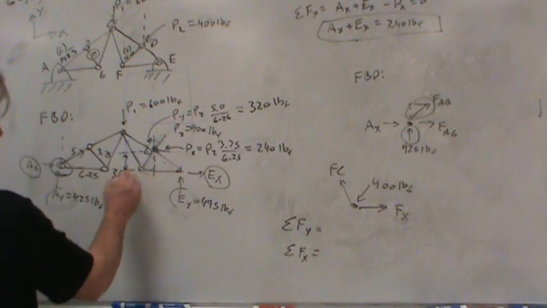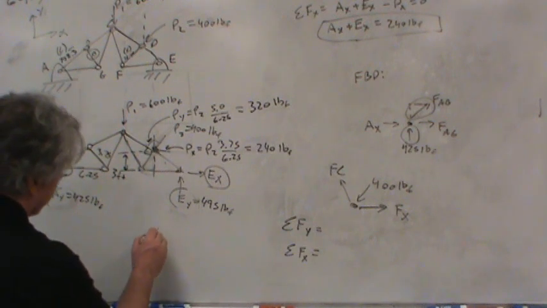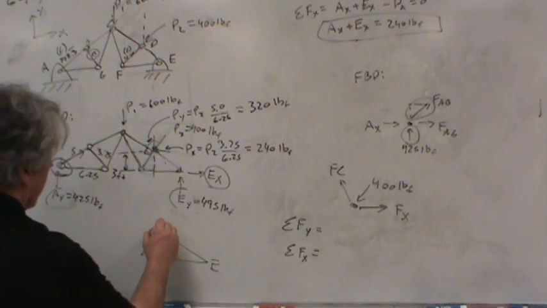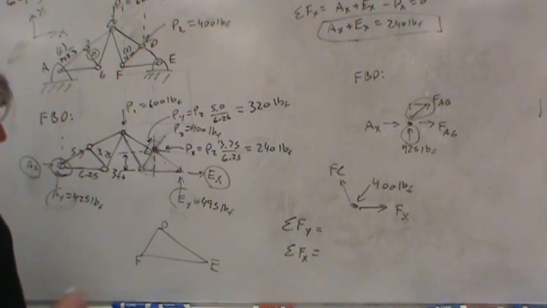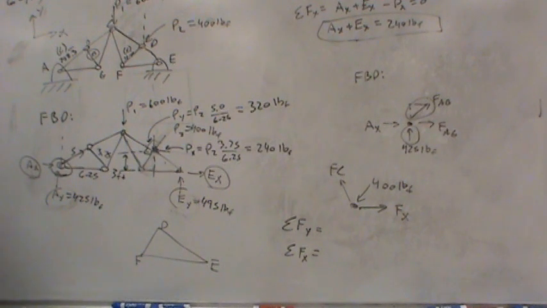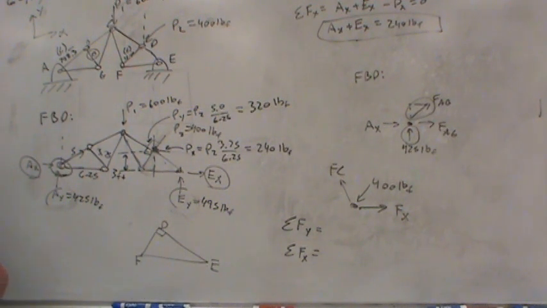Is this also a 3, 4, 5? I think it would have to be, wouldn't it? Let me show you the triangle I'm thinking about. So we've got point E over here, point D here, and point F here. The reason I'm thinking about this triangle is because I'm trying to figure out the sense of 400 pounds, in other words, what direction it's oriented.